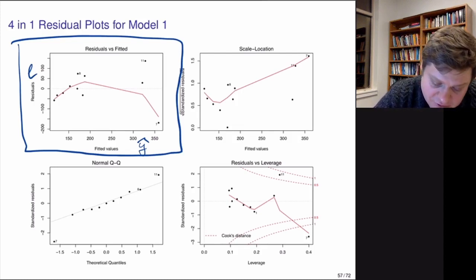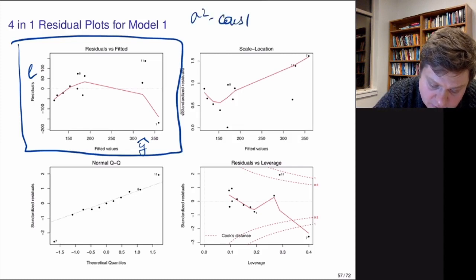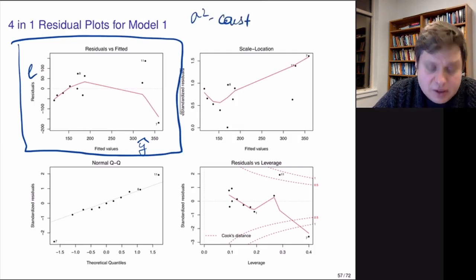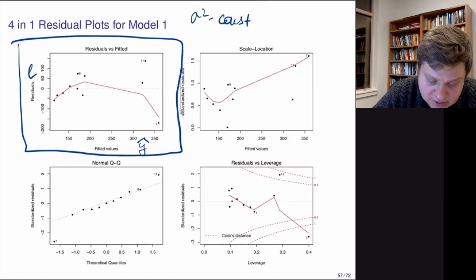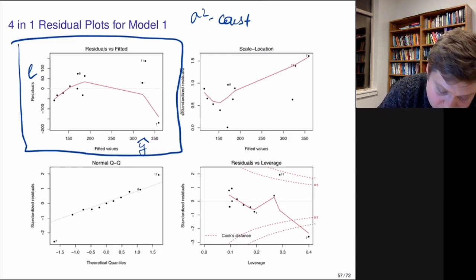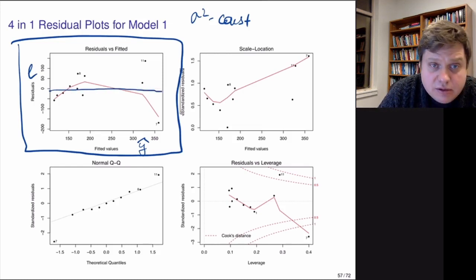And you remember, if we want sigma squared to be constant, on this plot we should see that the residuals do not depend on the value of y hat.